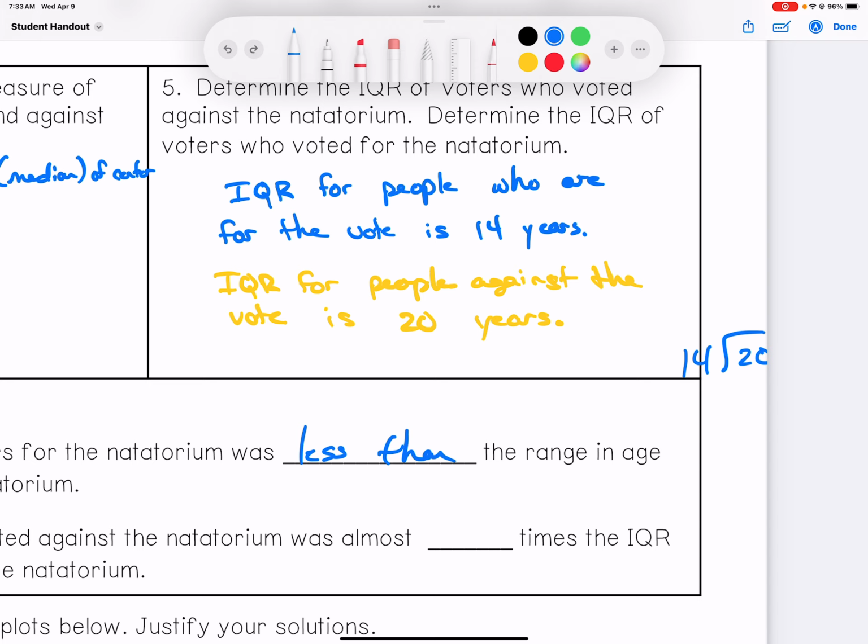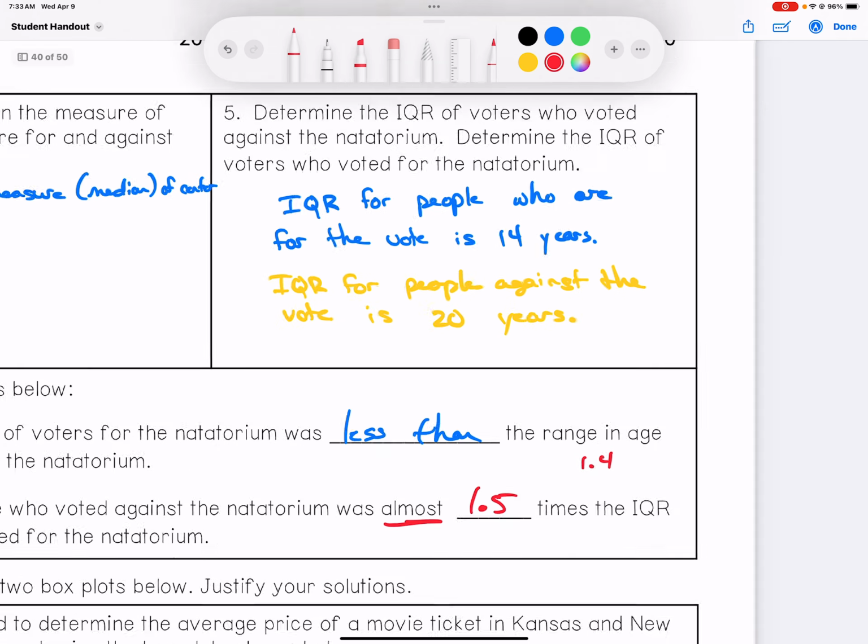Just enter that in your calculator real quick, and I'm going to do the same on mine. 20 goes in first, by the way. You come out with roughly 1.4, which is almost 1.5 times the IQR.